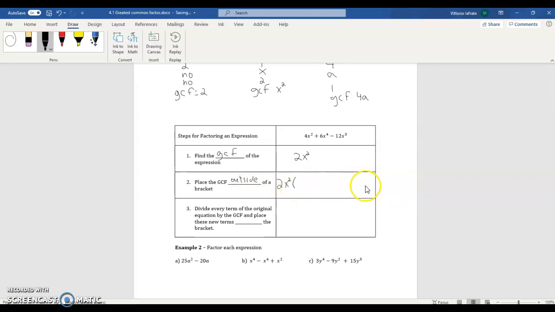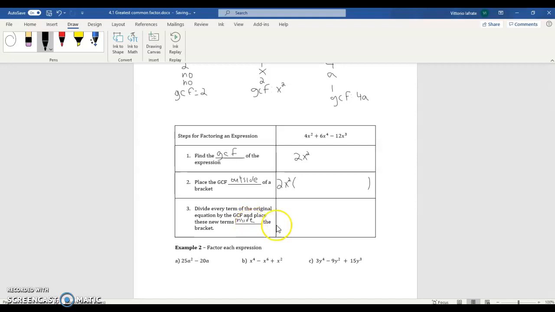What we're basically saying is we're going to take 2x squared out of each one of the terms. We're going to divide it out of each one of the terms. And then that's what's going to determine what's inside the bracket. So divide every term of the original equation by the greatest common factor and place these new terms inside the bracket.